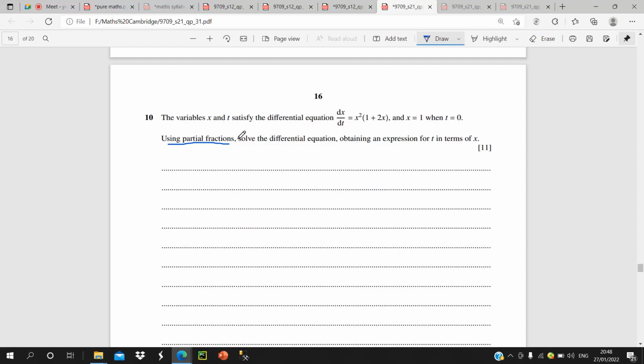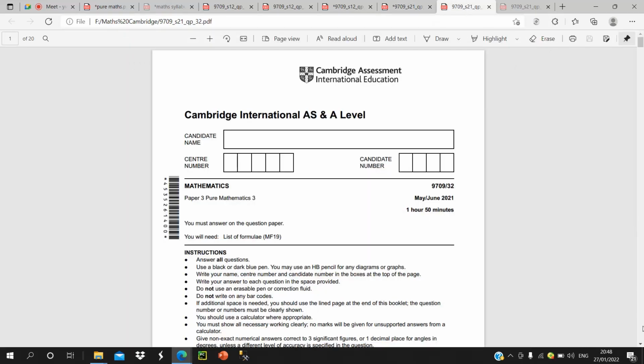Otherwise they would just say solve the differential equation, and one would be playing gymnastics there. But in this case we are given the clue, so we are going to use integration by partial fractions, and you have 11 marks for that.